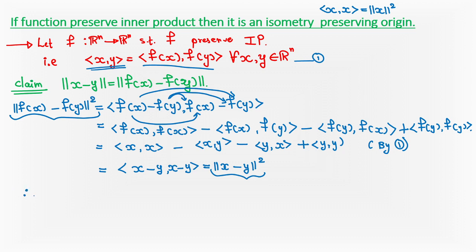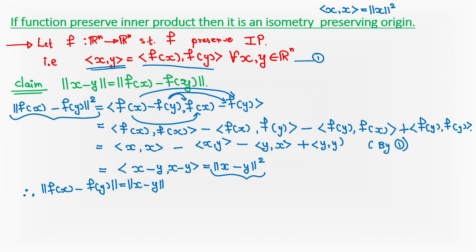So by taking the positive square root on both sides, as we know the norms are always positive or equal to 0, we can say that the norm of f of x minus f of y is equal to the norm of x minus y, just by taking the square root.